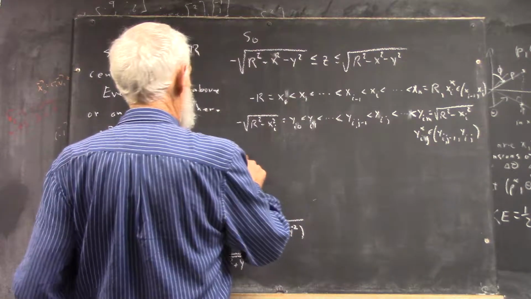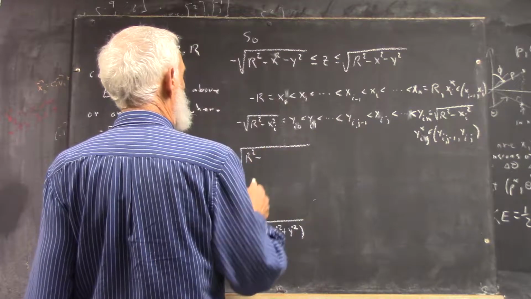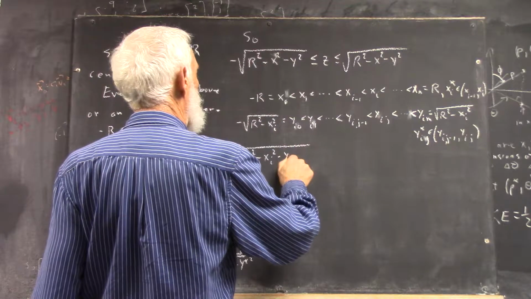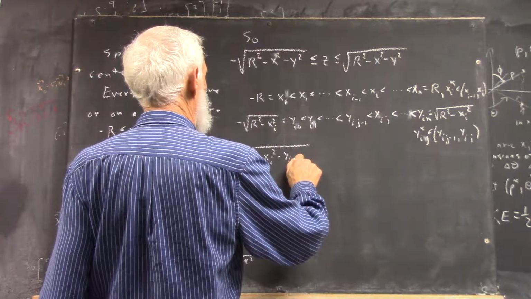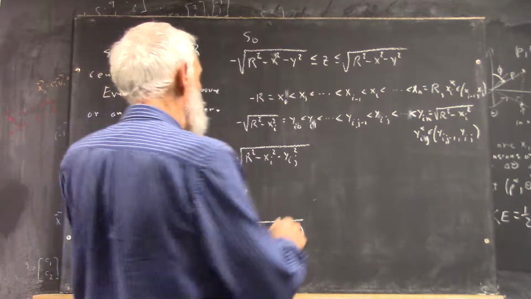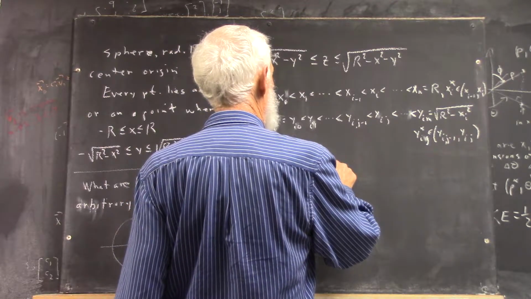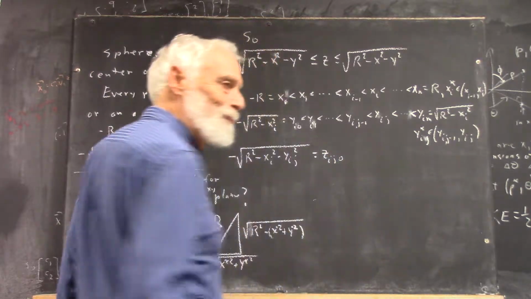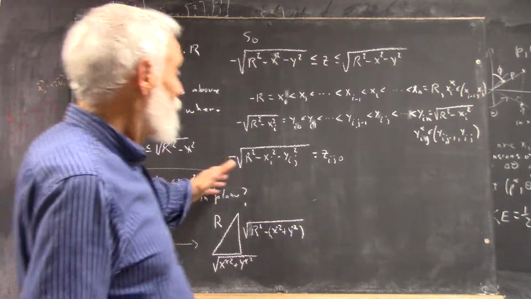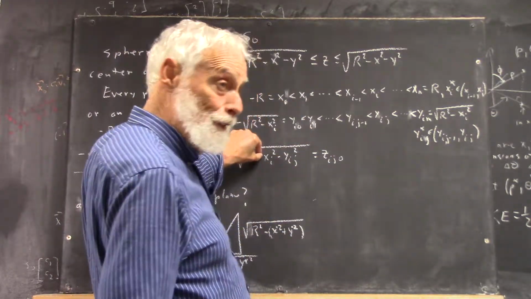So your Z is going to go from negative square root of R squared minus XI squared minus YI J squared, and that's going to be Zij0, right? Because the partition is unique to the Xi and the Yj, okay?